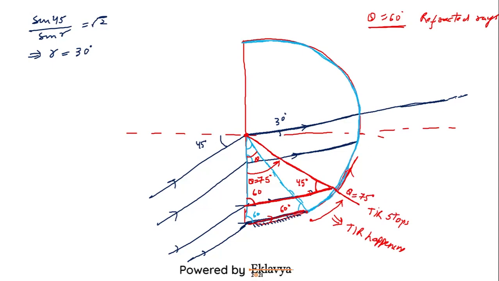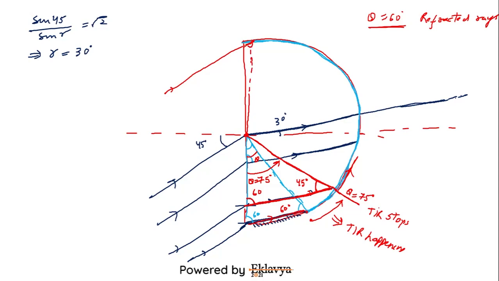Now will it stop for the entire remaining range? Let's see that. So again, the ray which is striking the above extreme, for that ray the angle of incidence is very, very close to 90. Think about this. This ray will strike a point like this. So here this angle we are talking about.